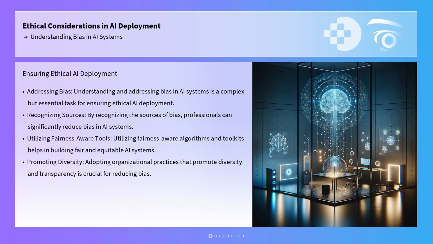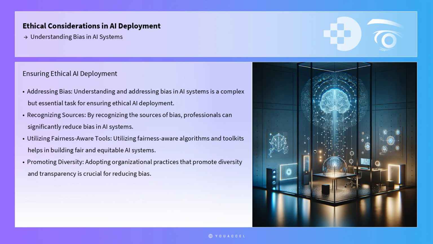In conclusion, understanding and addressing bias in AI systems is a complex but essential task for ensuring ethical AI deployment. By recognizing the sources of bias, utilizing fairness-aware algorithms and toolkits, adopting organizational practices that promote diversity and transparency, and complying with legal and ethical standards, professionals can significantly reduce bias in AI systems.